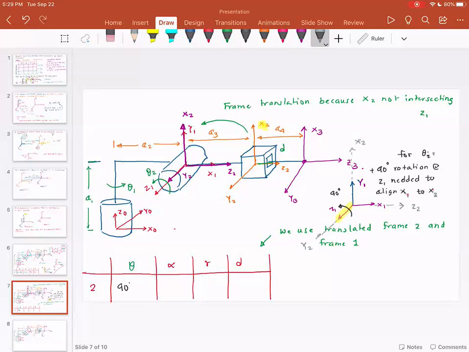And then there is a joint variable, so I'm going to add theta 2.